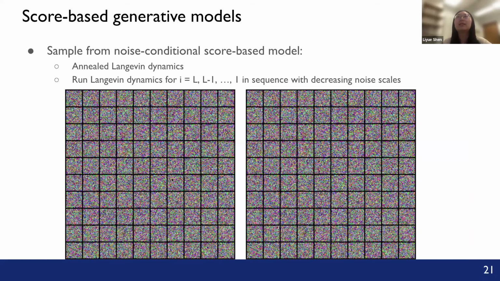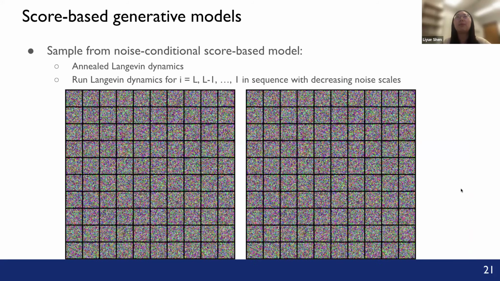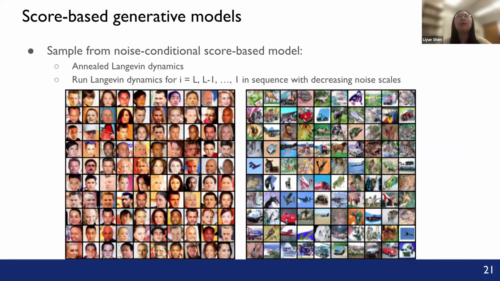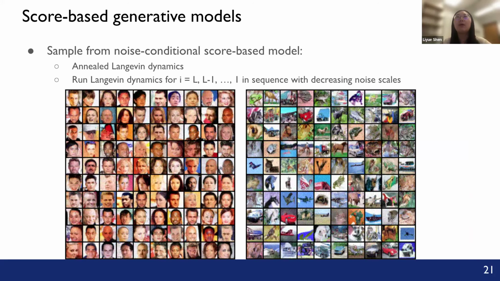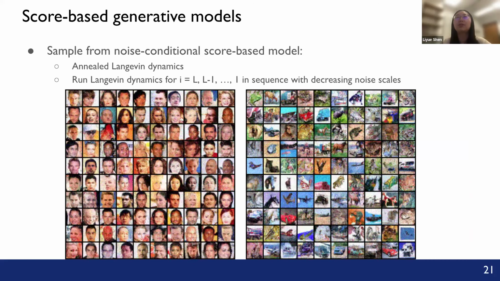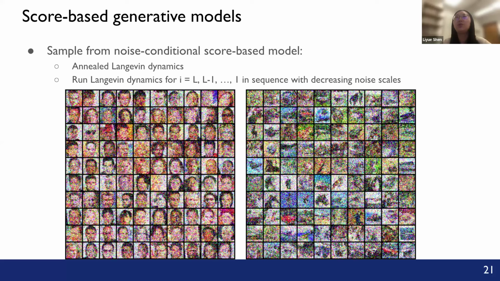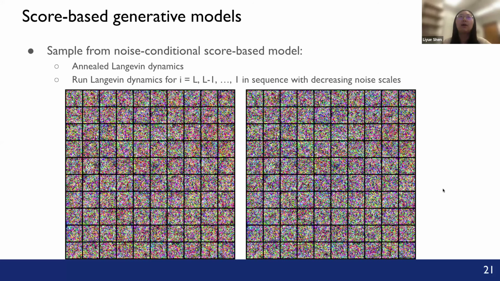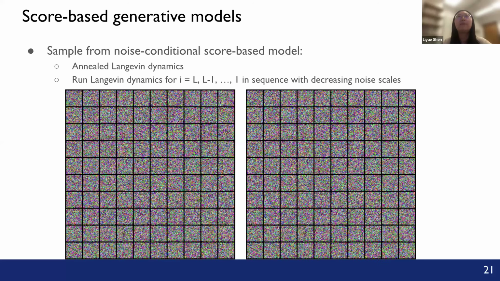So this can be applied for real data sampling, for example in images, by running annealed Langevin dynamics to remove the noise from the noise perturbed distributions with a larger scale of noise, and then finally converge to the distribution that will be closer to the clean data distribution, or the real distribution p(x) that we are interested in.